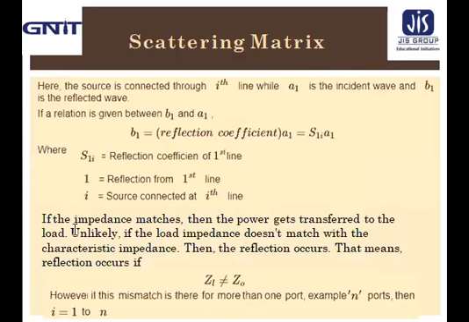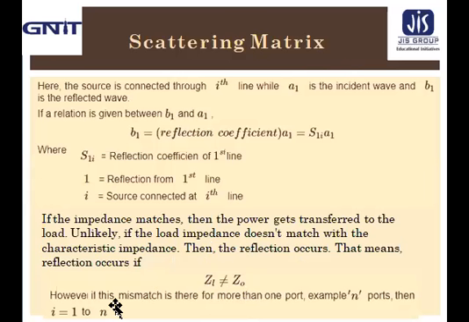All of these topics you have already studied in EM theory and transmission lines. Now, reflection occurs when ZL is not equal to Z0, where ZL is the load impedance and Z0 is the characteristic impedance. That means if the load impedance does not match with the characteristic impedance, then reflection occurs.